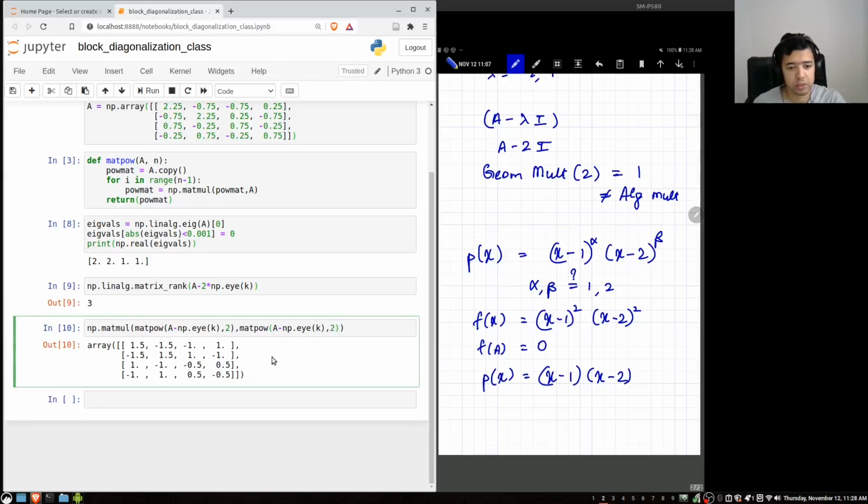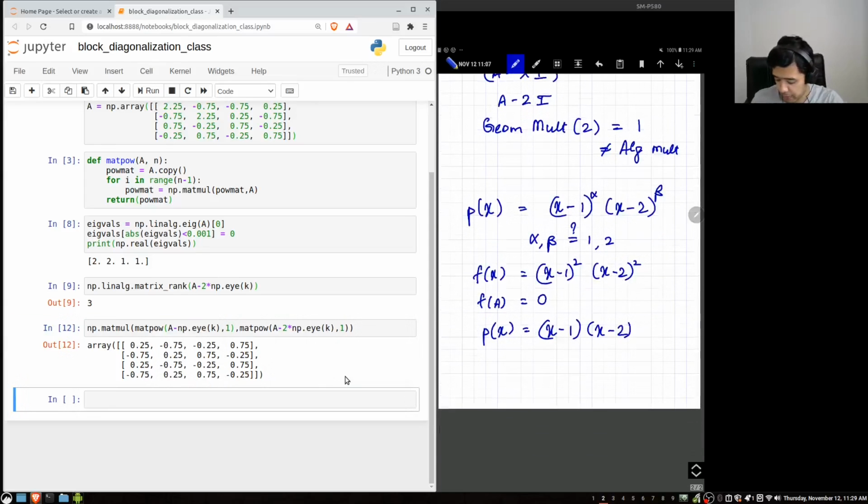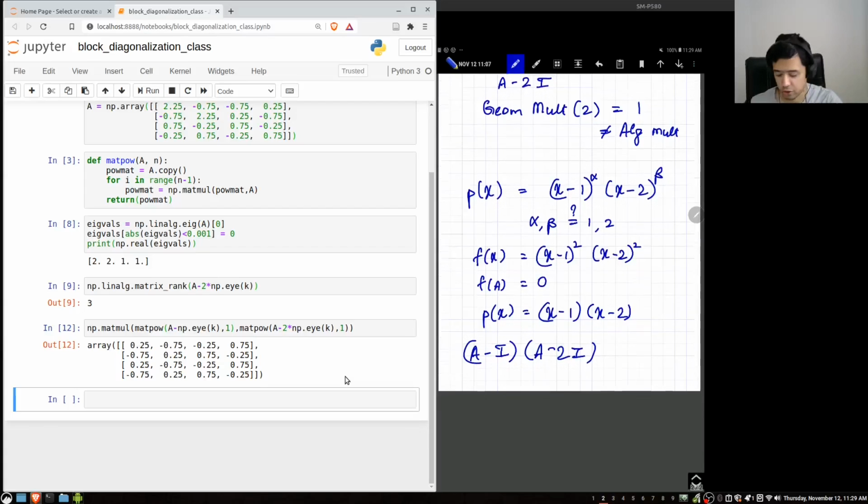So A minus I times A minus 2I is non-zero.